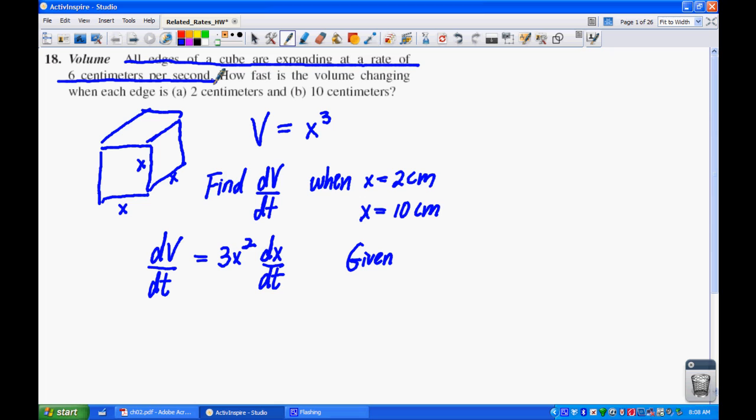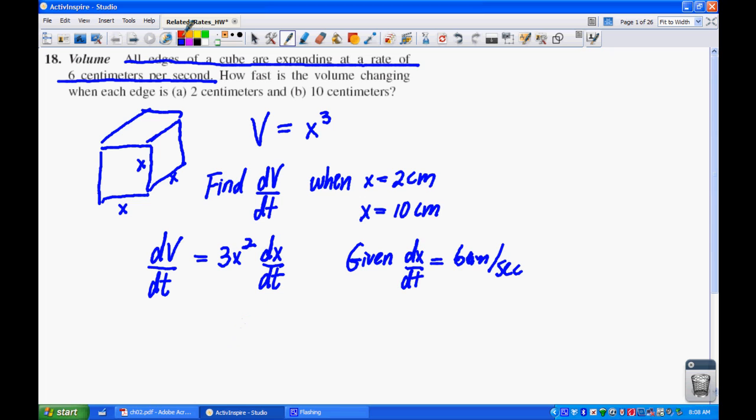Edge was x, so therefore this rate of change, dx/dt, was given to you initially in the problem, which was 6 centimeters per second. Therefore now you have a substitution for dx/dt and a substitution for x, so we're good to go.